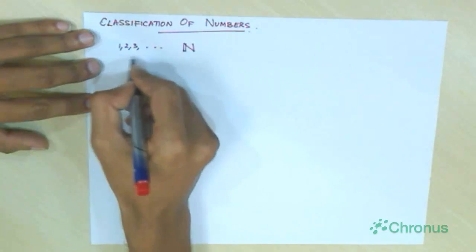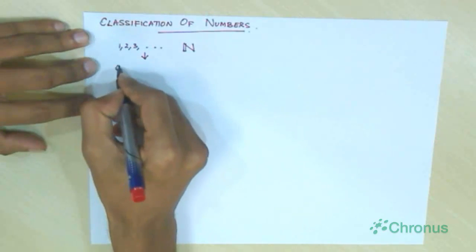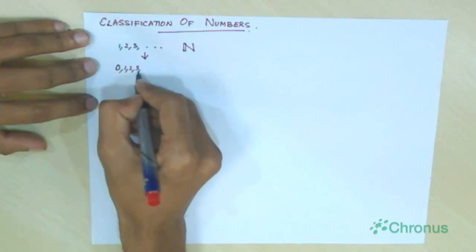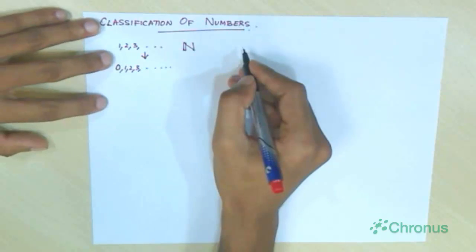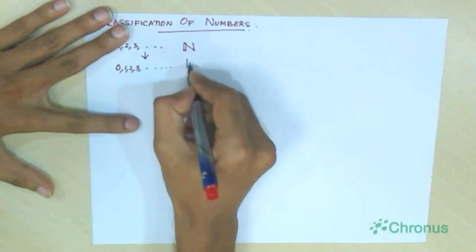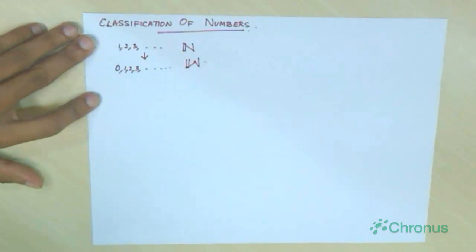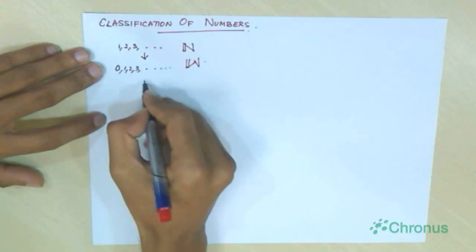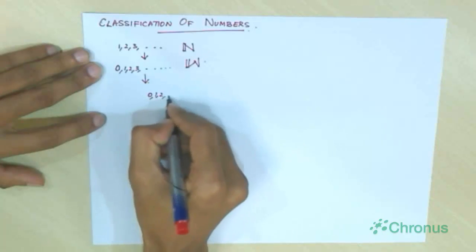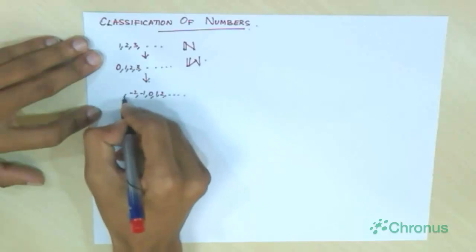And a slight extension of natural numbers is the addition of the number 0. So 0, 1, 2, 3. This set of numbers is called the whole numbers, represented by the symbol W. An extension of whole numbers is integers, where we have 0, the whole set of whole numbers, and we also have negative counting numbers.